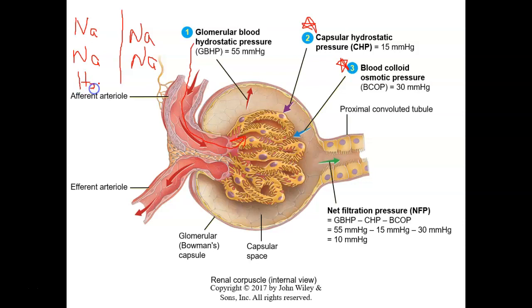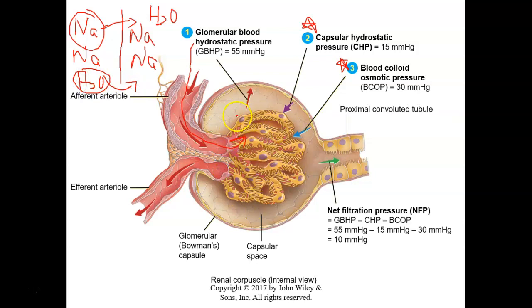Let's say there's 1 water here. And it doesn't matter how many waters are over here. Let's just draw 1. If a sodium crosses the membrane, remember, water is a follower. So that means water is also going to cross over.